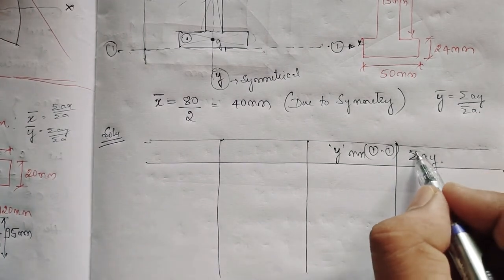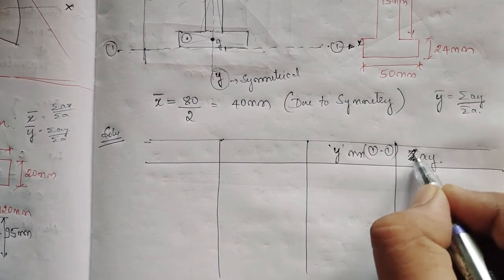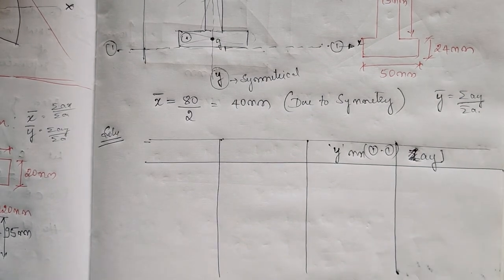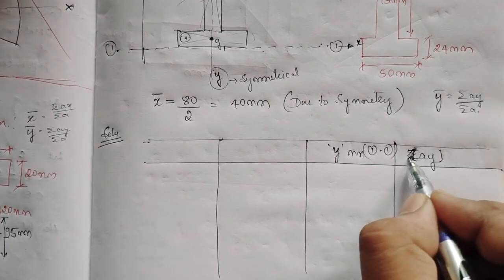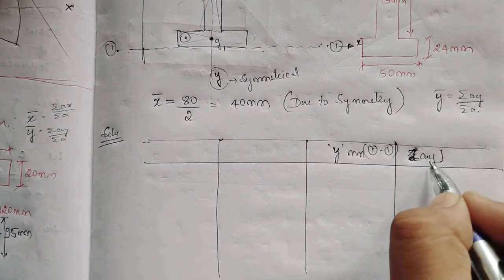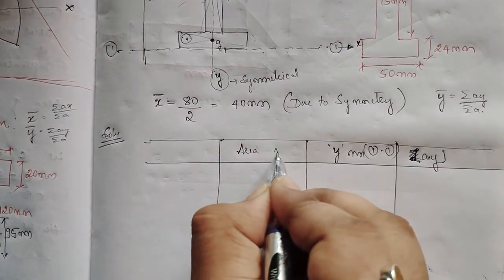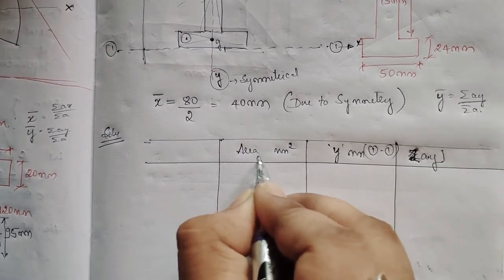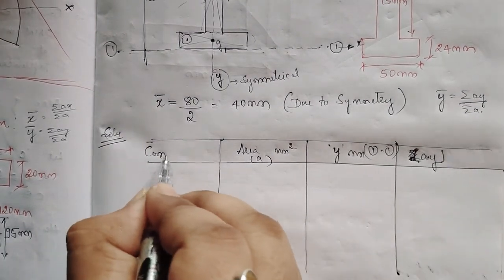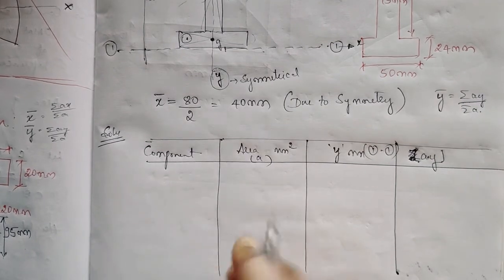Sorry, this is not summation, this is just a into y. After that I'll make the total, and at the total I'll write summation of ay. This is moment of area, nothing but a into y. This is area in mm square, and this is component.